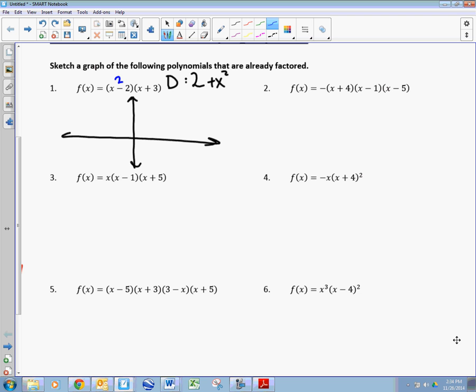So 2 and negative 3 are the solutions, or the zeros, or the roots, or the x-intercepts. All of those phrases are synonymous in this scenario. These are my solutions. I mark them out. 1, 2, 1, 2, 3. We're just going to make a quick sketch. They go through those spots. You told me it starts up and it finishes up. So I'm going to draw a graph that starts up and finishes up.